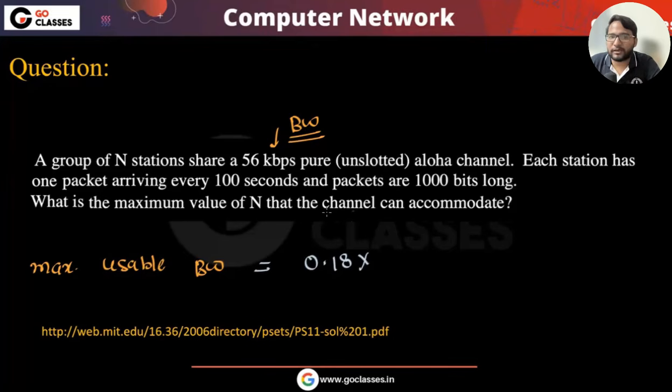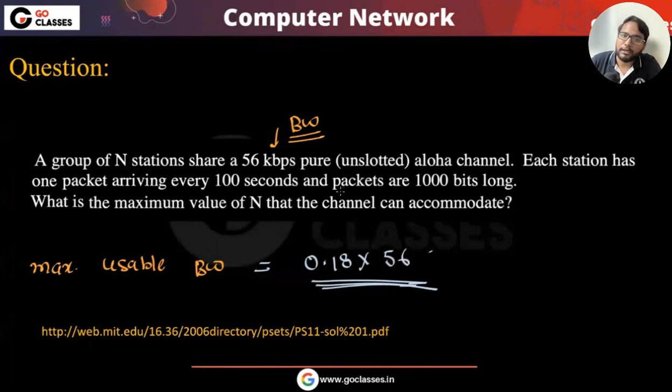It doesn't matter whether this is a finite case or infinite case. These numbers are almost the same, which means the maximum throughput in slotted Aloha and unslotted Aloha is 0.18. So the maximum usable bandwidth is this much. This is the bandwidth that you can use.